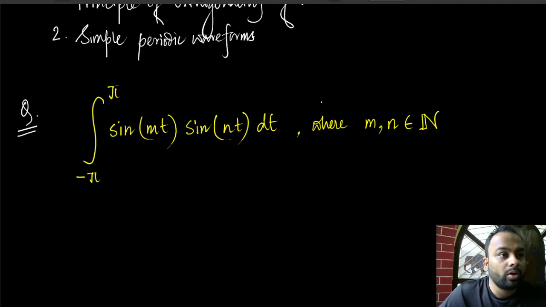I want you to calculate this integration where m and n are 2 natural numbers, that is, m and n are something like 1, 2, 3, 4, 5, 6, etc.